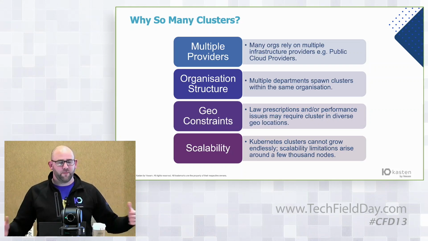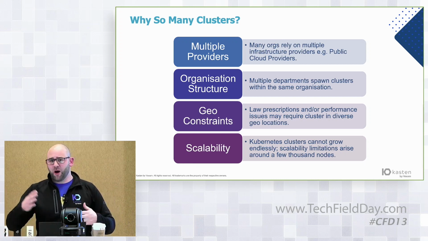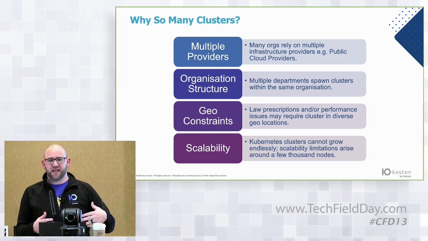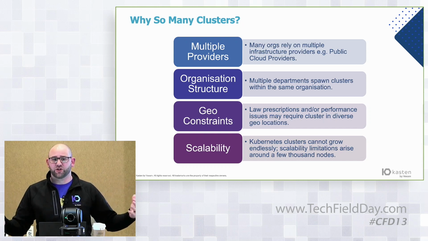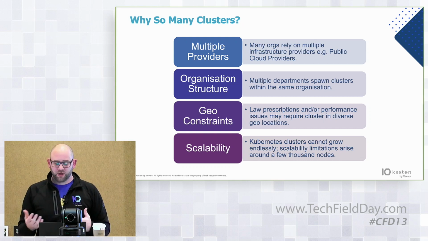Clusters can't scale endlessly. So again, it might mean that we have multiple clusters to be able to deal with that. That's less and less what we're seeing, apart from potentially out there in the edge, where you might have a large scale Kubernetes footprint but with much smaller resource running there.